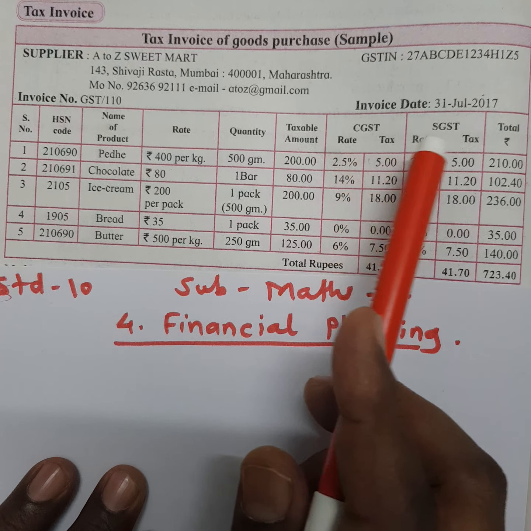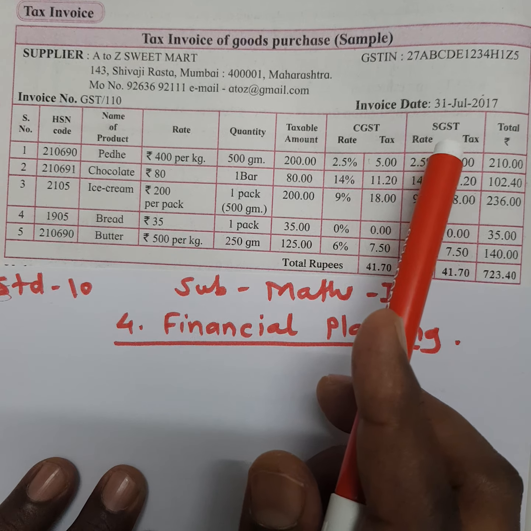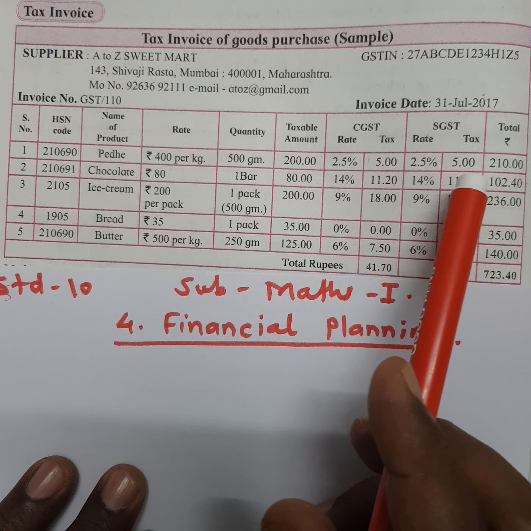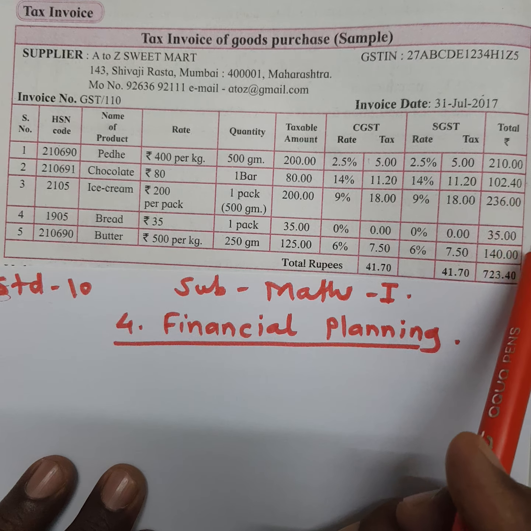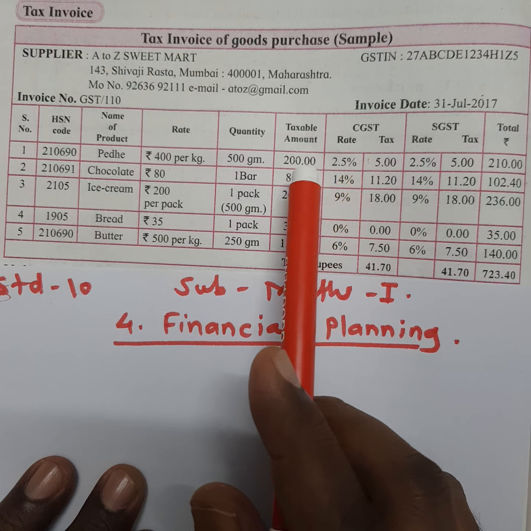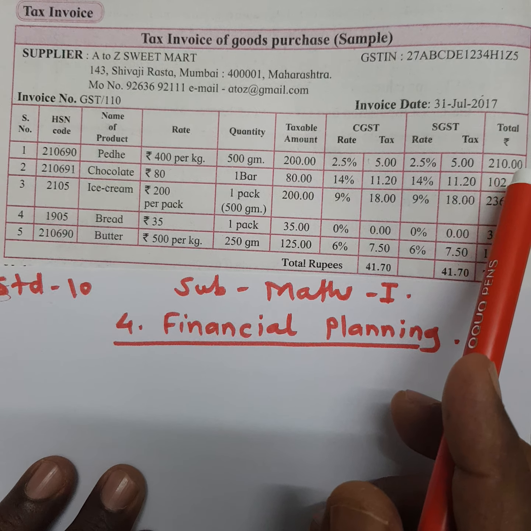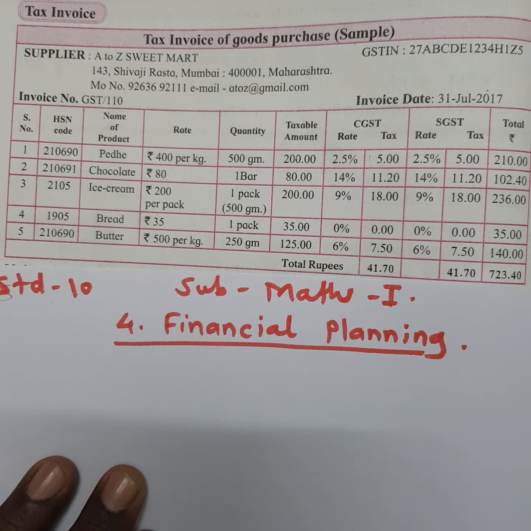We know that the rates of CGST and SGST are always equal. And the last column is the total value, that is taxable amount plus GST. So we must remember all these columns.